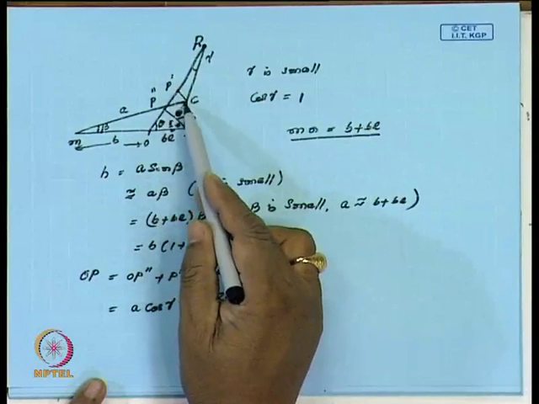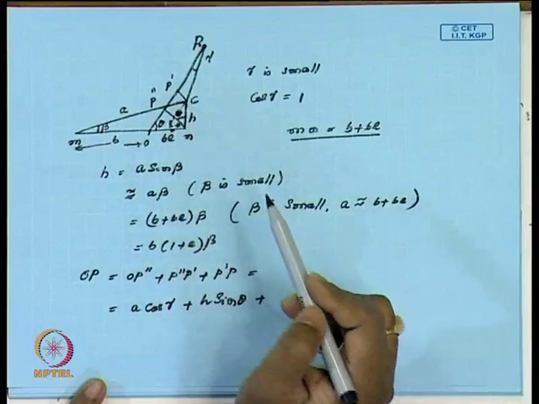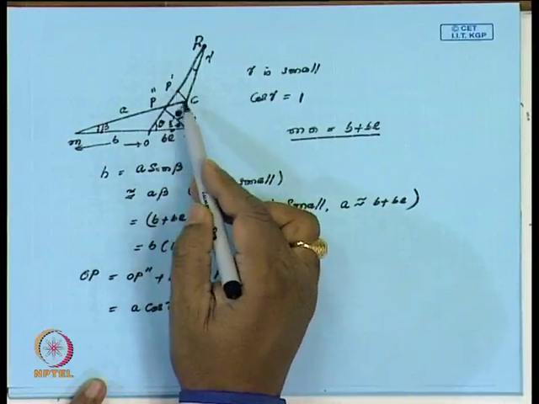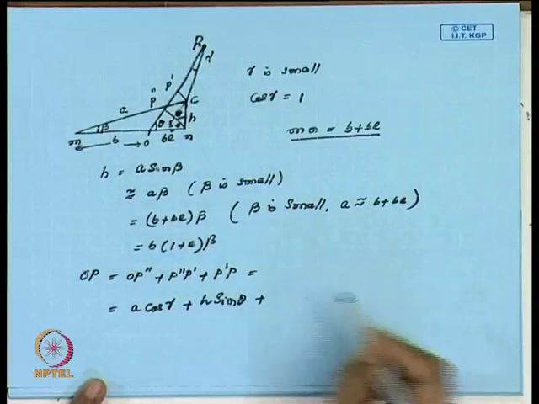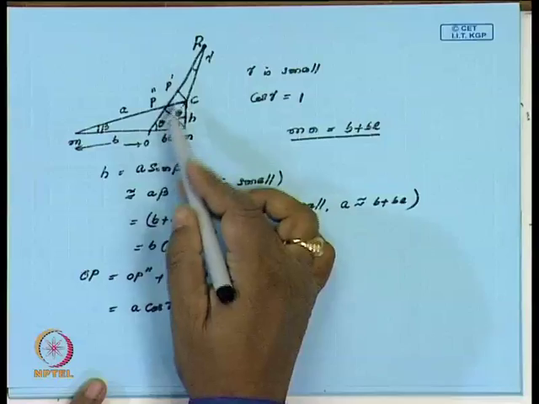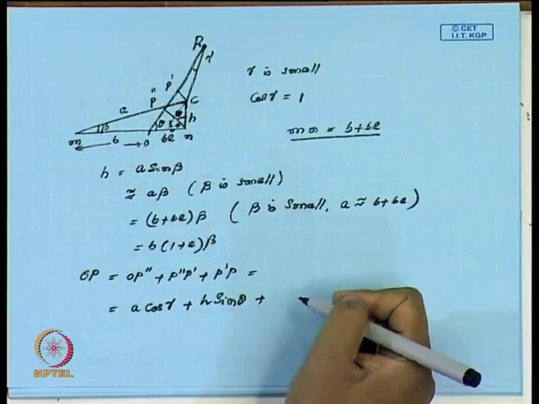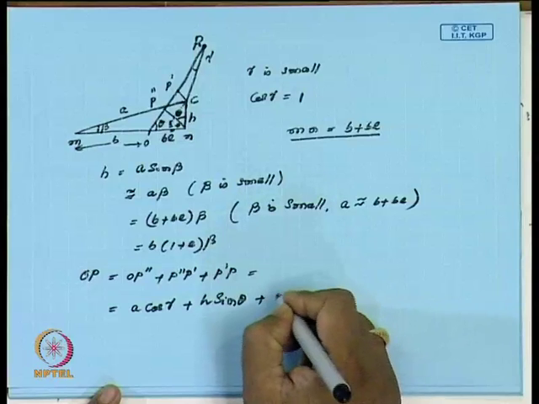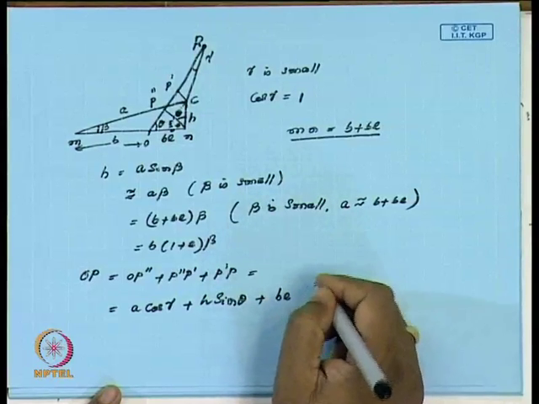So, this distance is H sin theta. As a result these are parallel lines. Then plus OP prime, OP double prime, this is BE, this angle is theta, this is the perpendicular. So, this will give you BE cos theta.